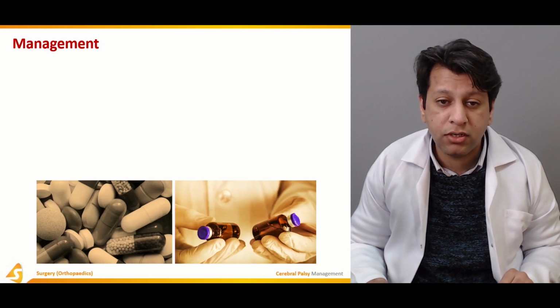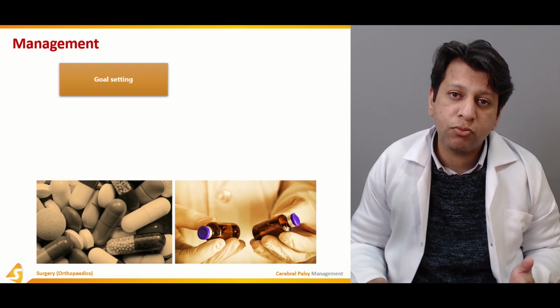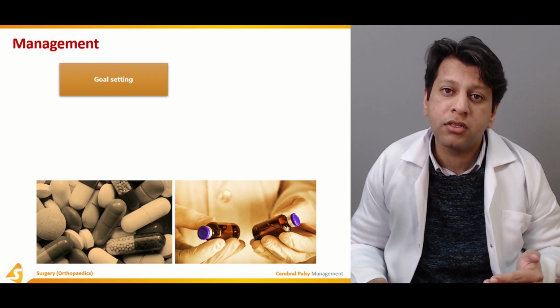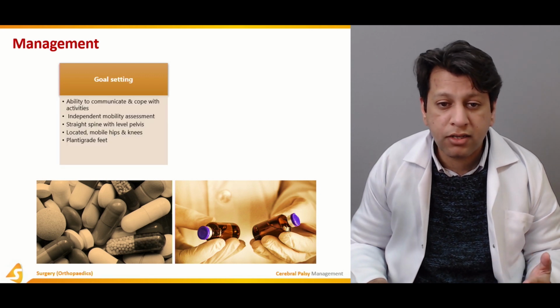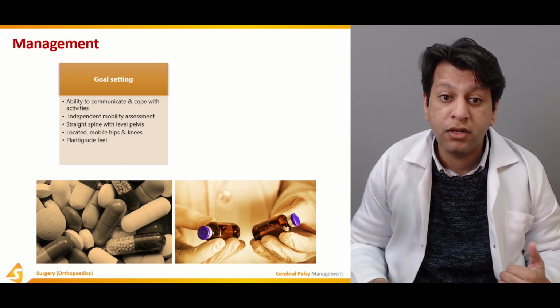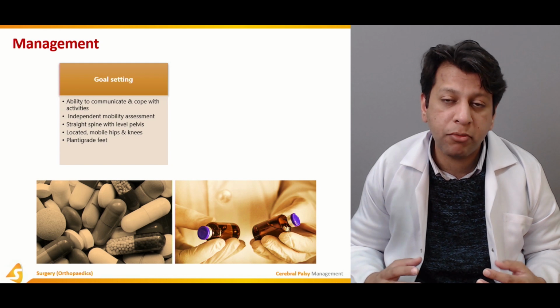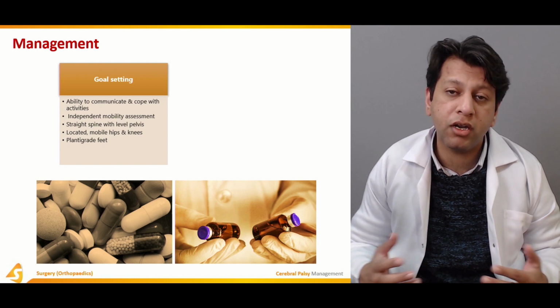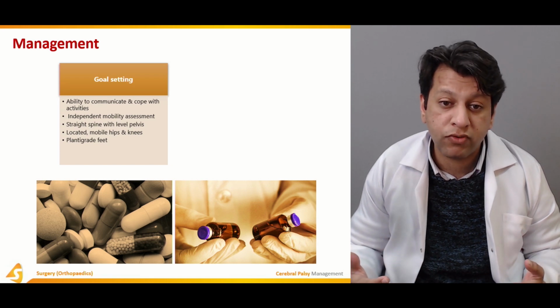Coming to the management, before we start, we have to set the goal of what we expect this child to achieve, and that is the ability to communicate and cope with activities. That is important. Independent mobility assessment: will our treatment help the child to be independently mobilized, or will our treatment result in further deterioration of the child?